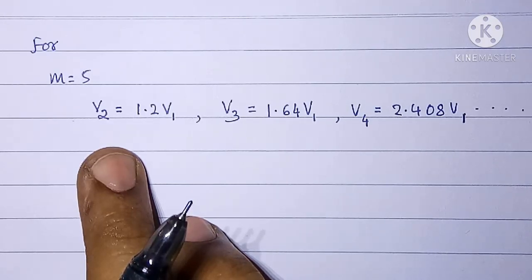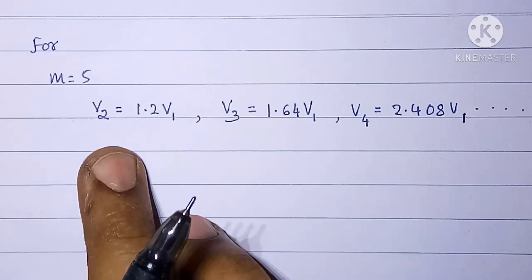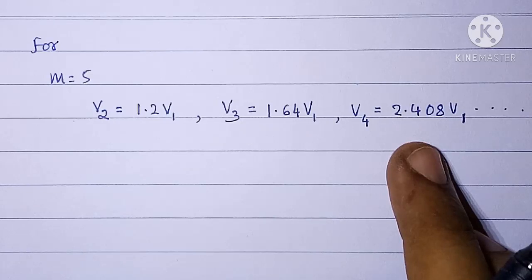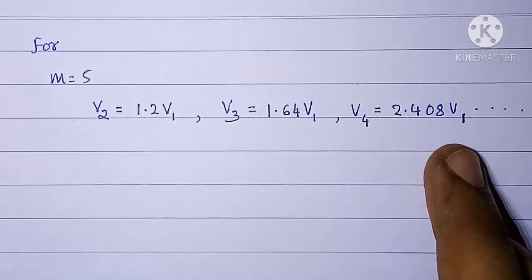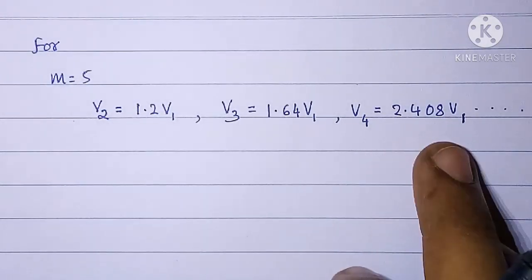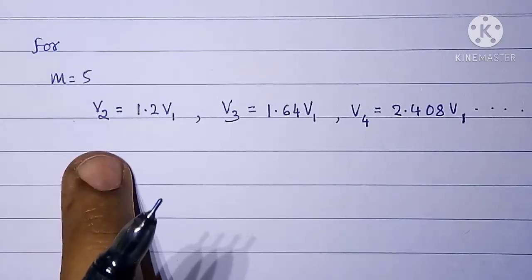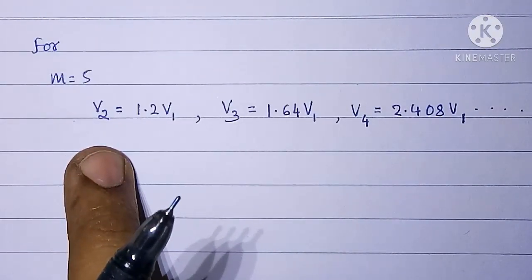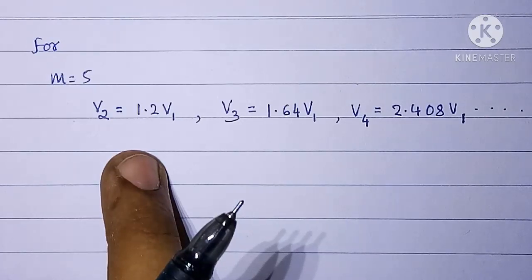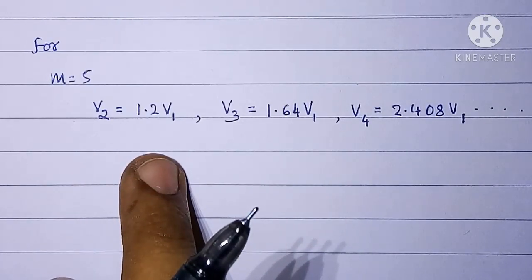As we move down from the top unit to the bottommost unit, the voltage across each insulating unit goes on increasing, or the bottommost insulating unit will be having the highest voltage across it, or it will be subjected to the highest voltage stress, whereas the voltage across the topmost insulating unit, that is the first insulating unit, will be least subjected to the voltage stress.